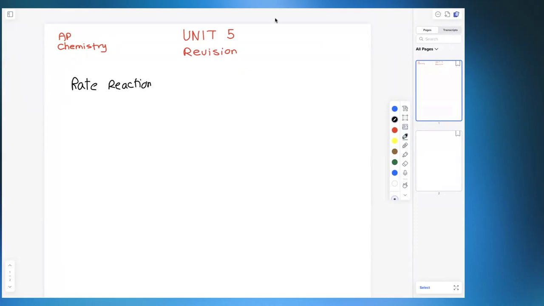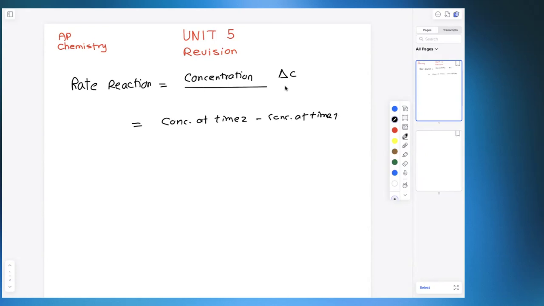The rate of any reaction is equal to the division of the change in the concentration, which we sometimes write as delta C, which is the concentration at time 2 minus the concentration at time 1 of the substance, and I will divide this by the change in the time.